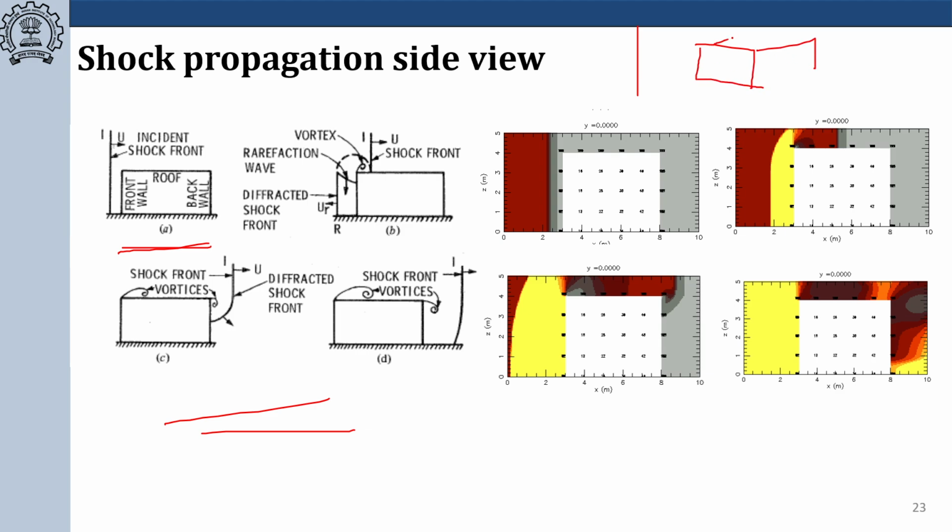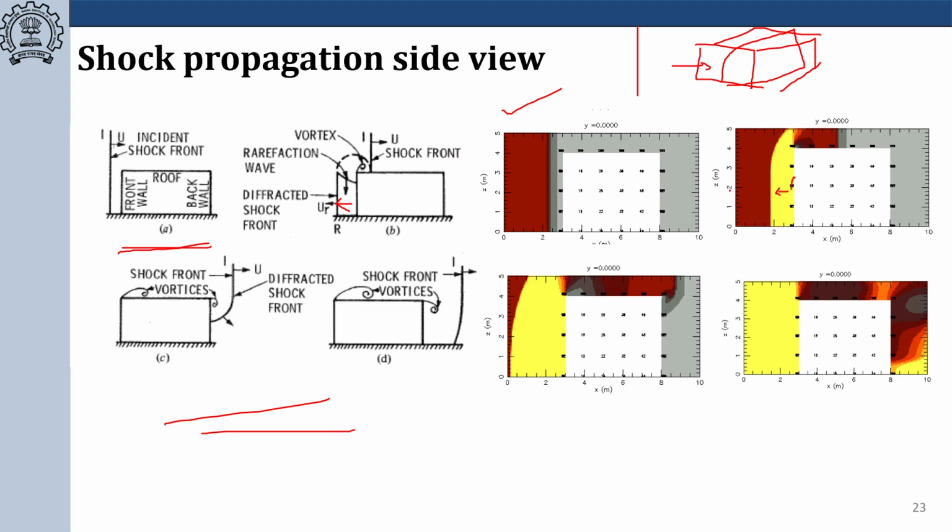At the cross-sectional level, I'm trying to see what happens when the shock front hits the structure. Initially the shock front is just before the structure, which you can simulate, and as soon as it hits the structure, you have a reflected shock front pressure applied onto the structure.